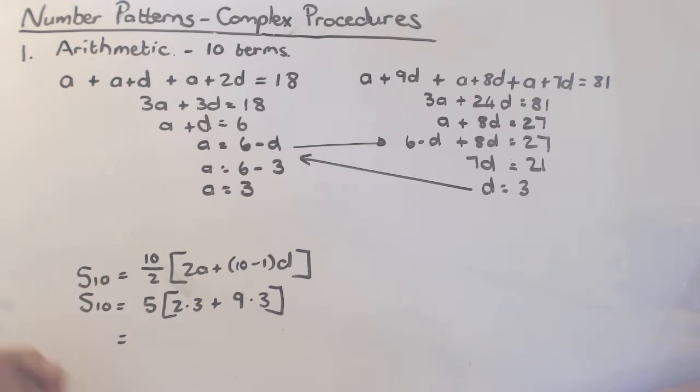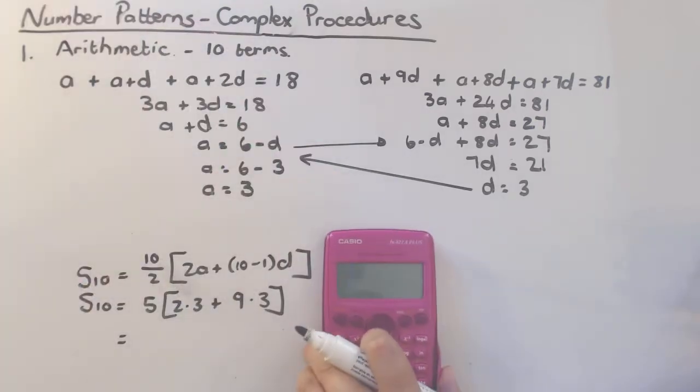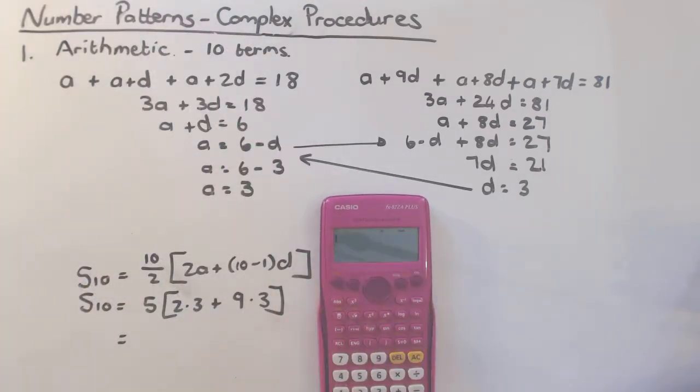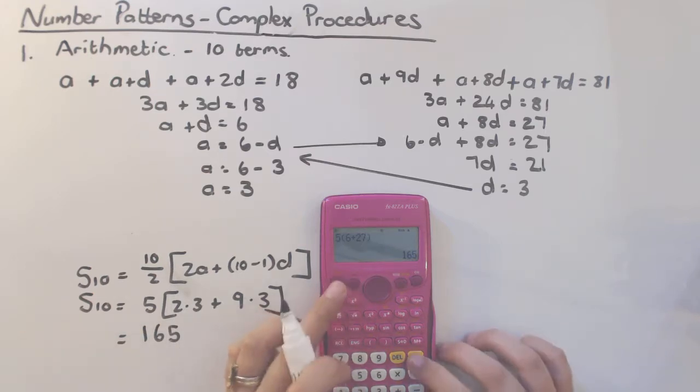Okay, so it's 5 times 33. I think I'm just going to grab my calculator. 5 times (2 times 3 is 6, plus 9 times 3 is 27), and that gives me 165. All right.